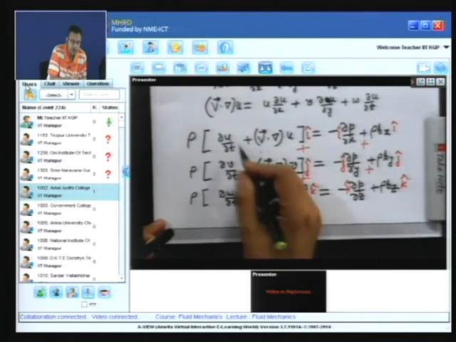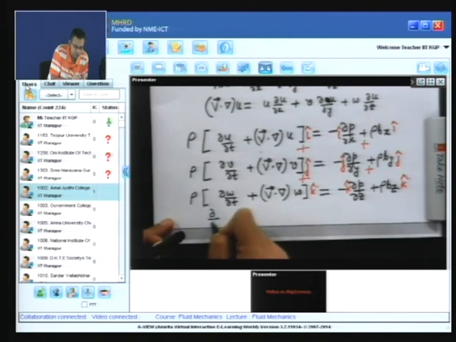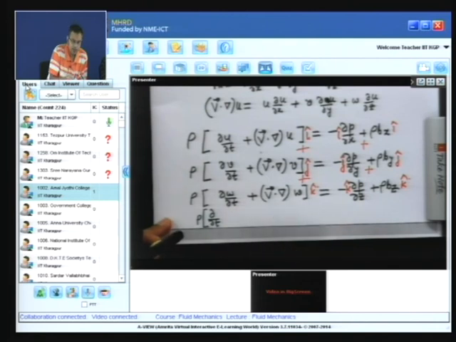So del t of, with rho of course outside, del t of u i cap plus v j cap plus w k cap.